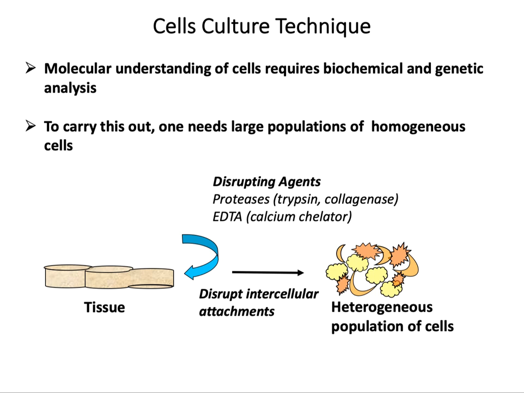Cell-to-cell and cell-matrix interactions rely on calcium as well. So you can use calcium chelators like EDTA to disrupt the intercellular attachment and facilitate the release of cells from the tissues. After this first step, you have a heterogeneous population of cells, and that is usually not very helpful if you're interested in one cell type.